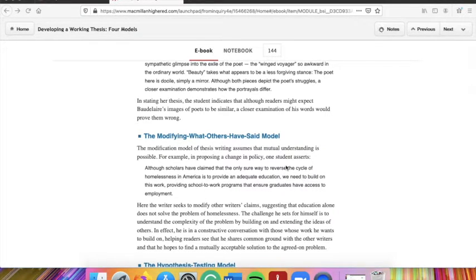So he's in a constructive conversation with those whose work he wants to build on. He's trying to build on the work of others who have looked at how education can help prevent homelessness, and show that other things need to be done, not just education. So he's trying to modify what others have said to come up with a solution to an agreed upon problem.